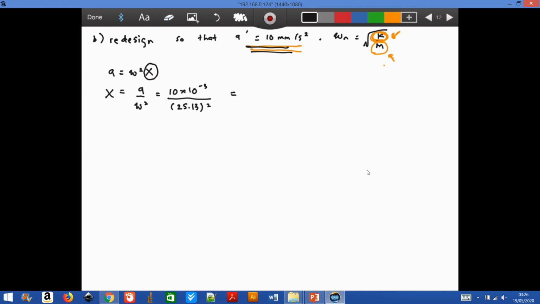Therefore, the new x would be 1.583 times 10 to the power of minus 5 meter. Because we want the acceleration to be 10 millimeter per second squared, we will have a new value of x, the amplitude, which is 1.583.